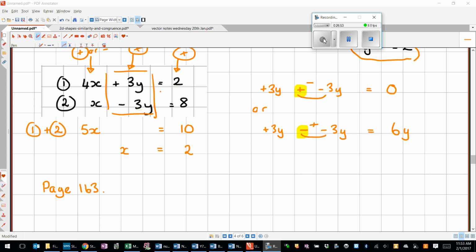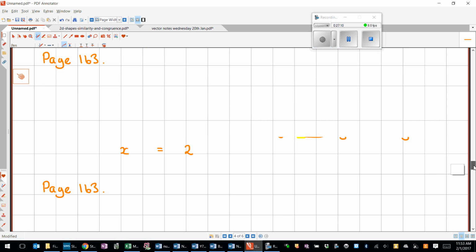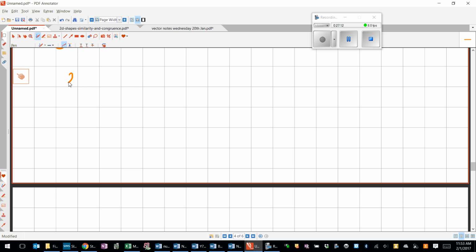Now, I would like you to have a look at 2b. What do you think about 2b? Okay. So if I just got a question for you, 2b, which is 3x minus 2y equals 7, and then 3x plus 2y equals minus 1.